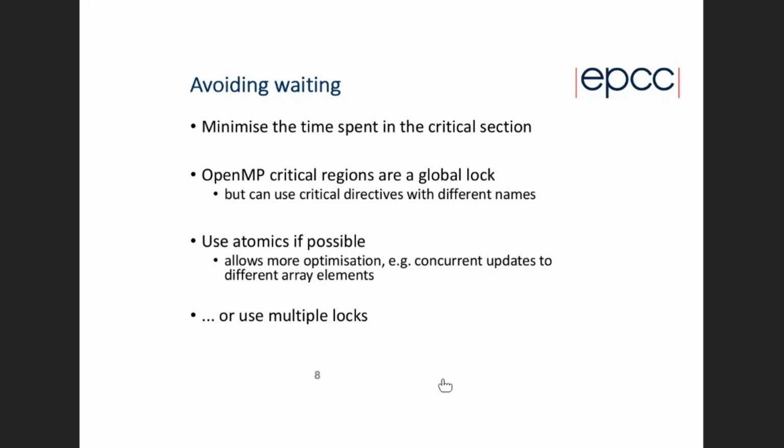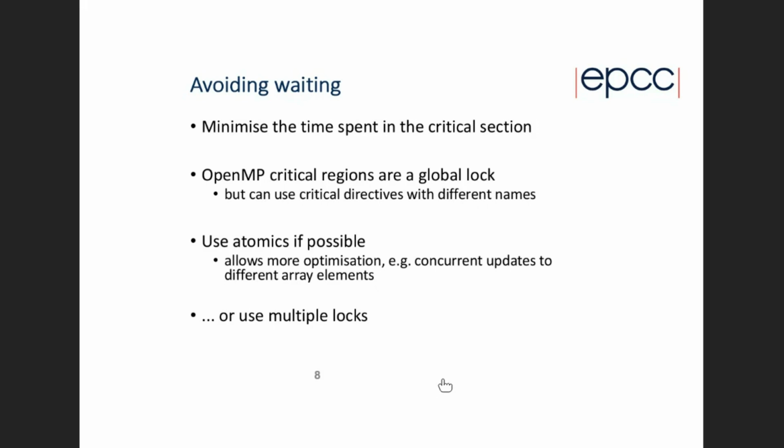You can go beyond the simple atomic update. There are other atomic forms in OpenMP these days which can be useful. You can do atomic writes, atomic reads, and atomic captures.